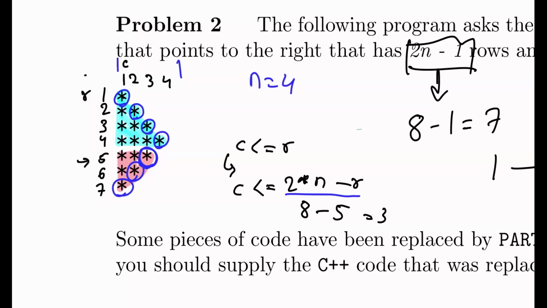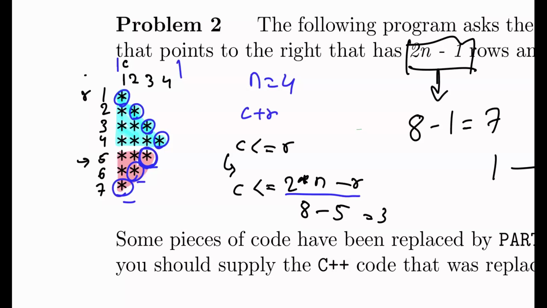The same as here, same as here. Do you understand so far? Any question? So we cannot use C plus R less than or equal to 8 as the second condition. Let's check.